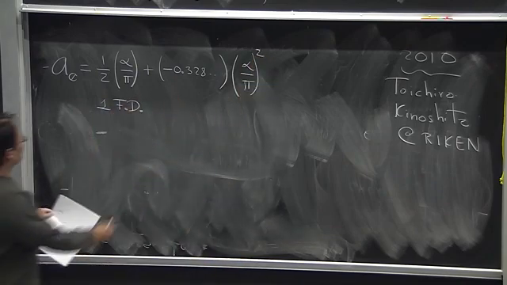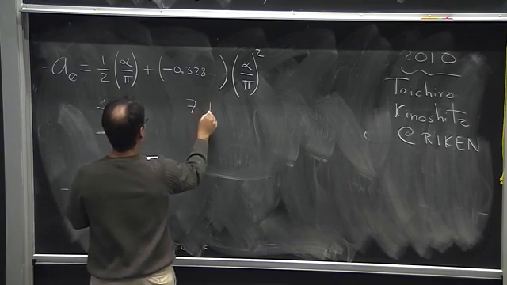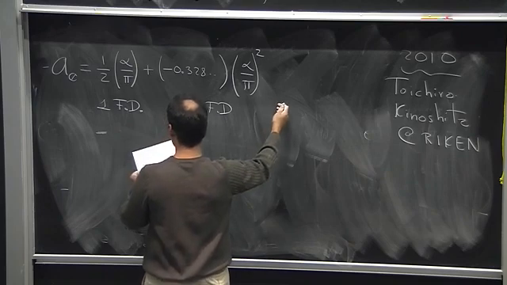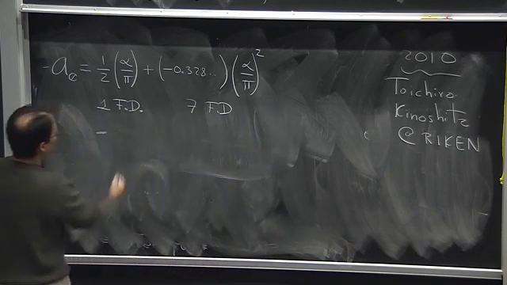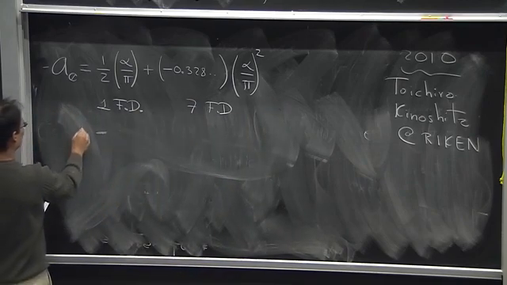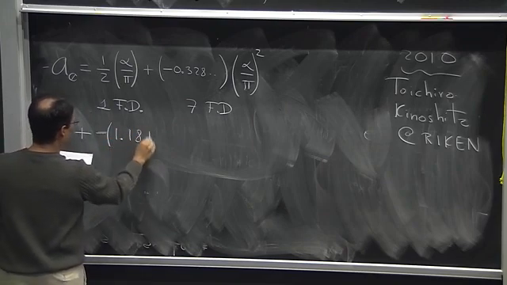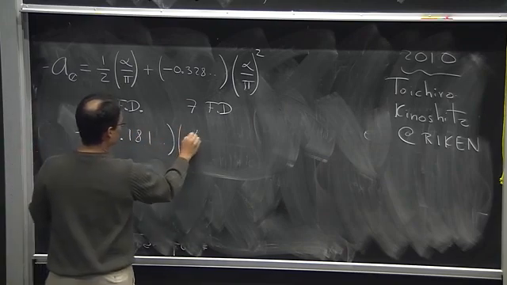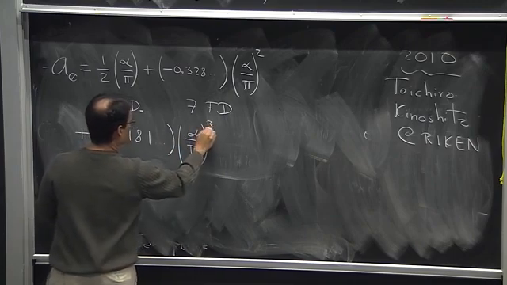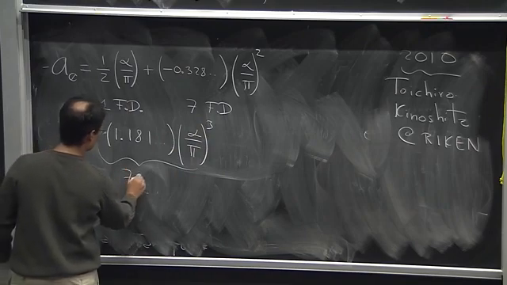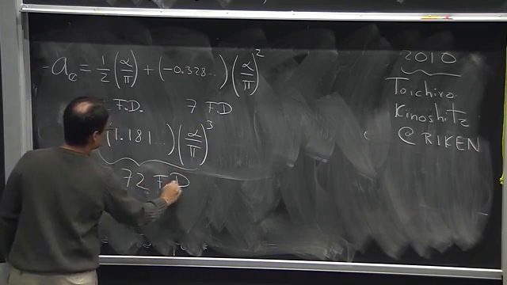And guess what? You have to compute 7 diagrams. Then you keep going. Experimentalists measure it, and then they again beat you. And then you go to 1.181 alpha over pi cubed. And guess what? 72 Feynman diagrams have to be computed.